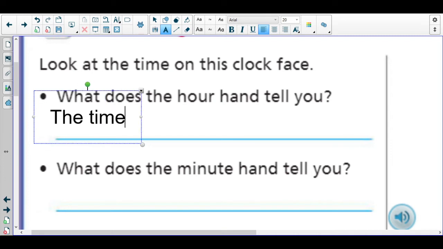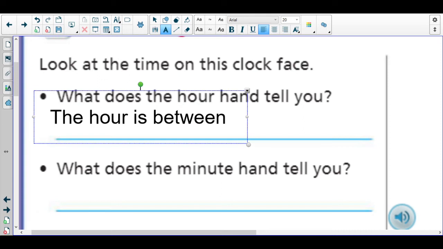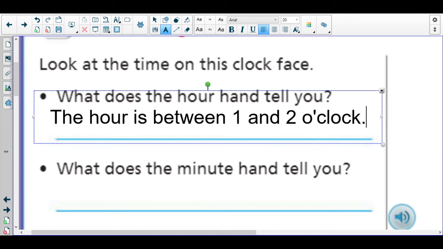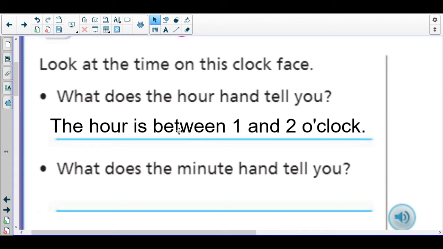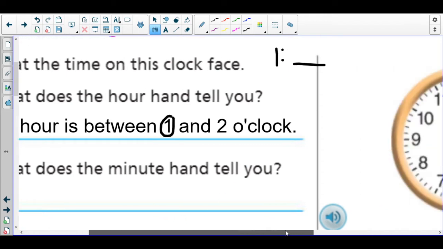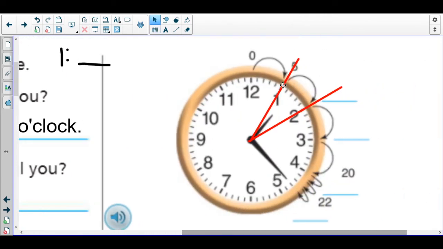The hour is between 1 and 2 o'clock. All right, and it has to be 1 because it's not yet to the 2. If it's after the 1 but before the 2, then the hour is 1. So we know we're at least looking at, for a time, 1 something. All right. What does the minute hand tell us? Let's go back and take a look here.